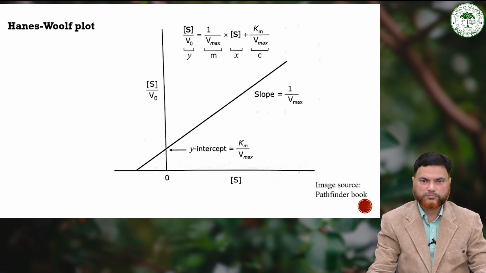Now, the Hanes-Woolf plot is another type of plot. It shows a graphical representation of enzyme kinetics and generally provides a linear transformation of the Michaelis-Menten equation. This Hanes-Woolf plot involves plotting the ratio of the initial substrate concentration to velocity against the initial substrate concentration.